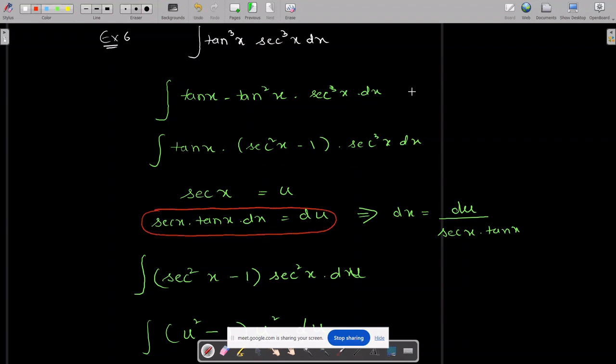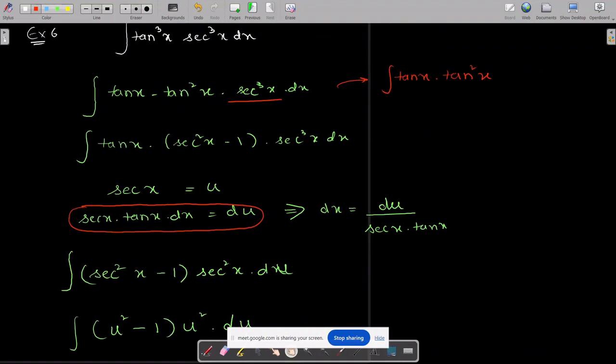So if I separate out, I'll get tangent of x, tan squared x, and this secant cubed, break it into factors of secant squared x and secant x.